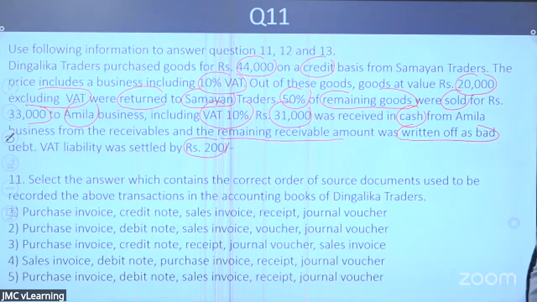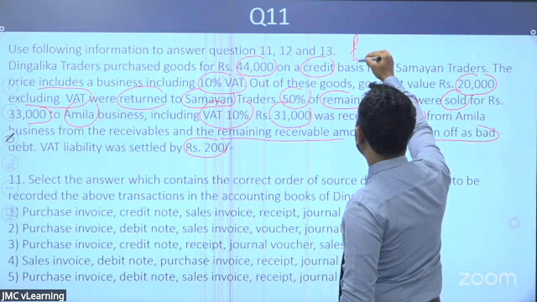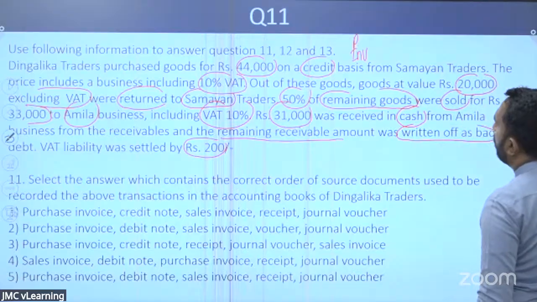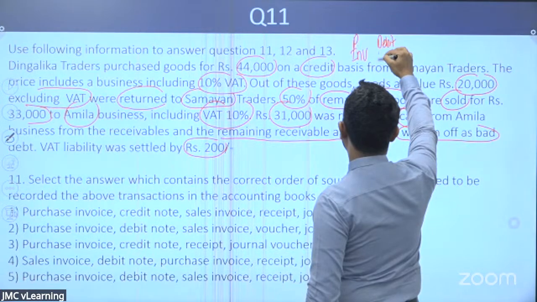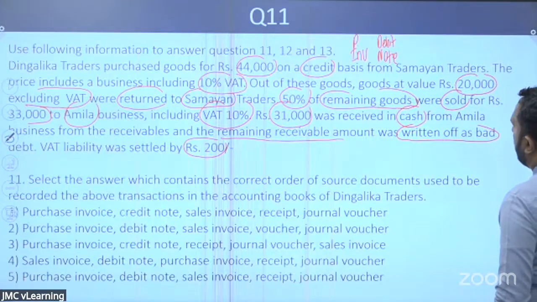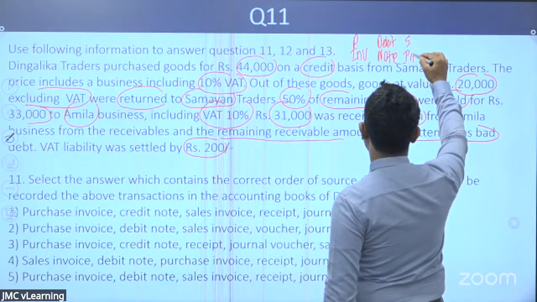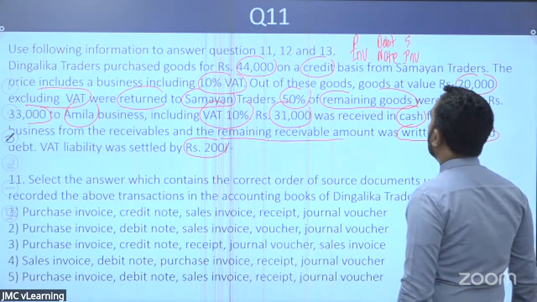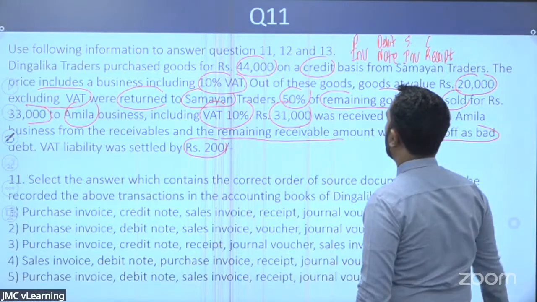Right. First of all, you are purchasing goods on credit, then you have the purchase invoice. Then rupees 20,000 worth of goods were returned. Purchase return means debit note. 50% of the remaining goods were sold to Amila, that is a sales invoice. 31,000 cash received means a cash receipt.